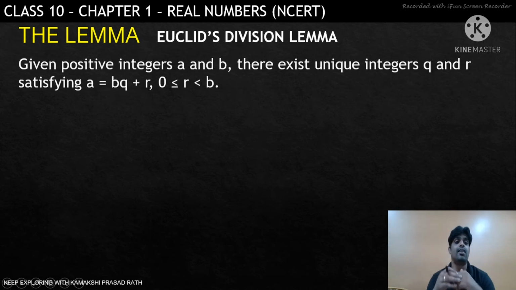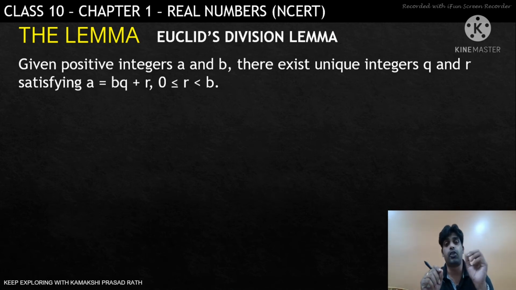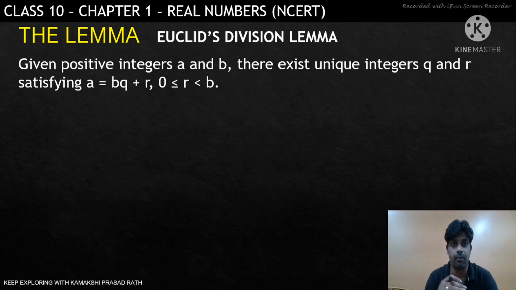What it says is: given positive integers a and b, there exist unique integers q and r satisfying a equals bq plus r, where r is greater than or equal to 0 and less than b.